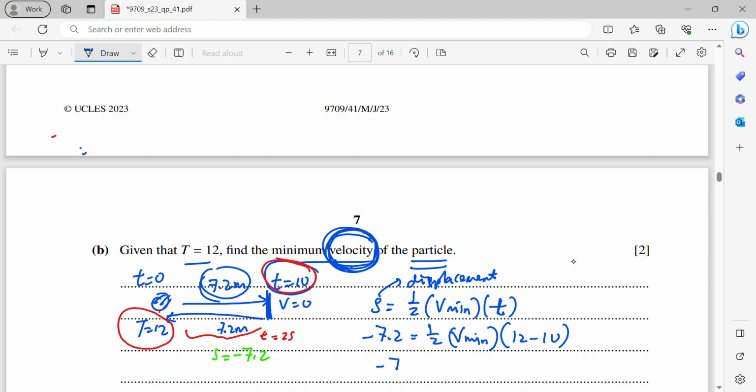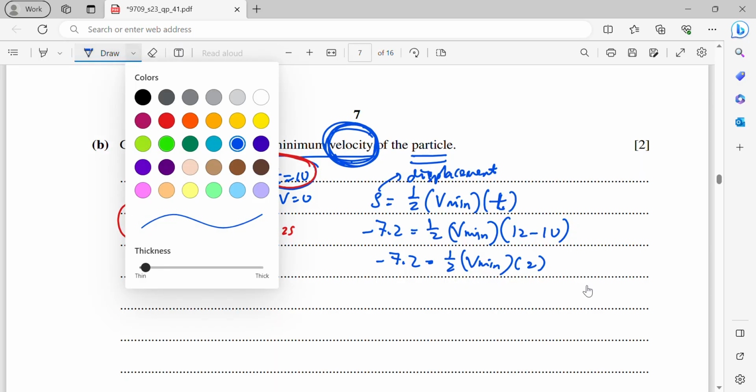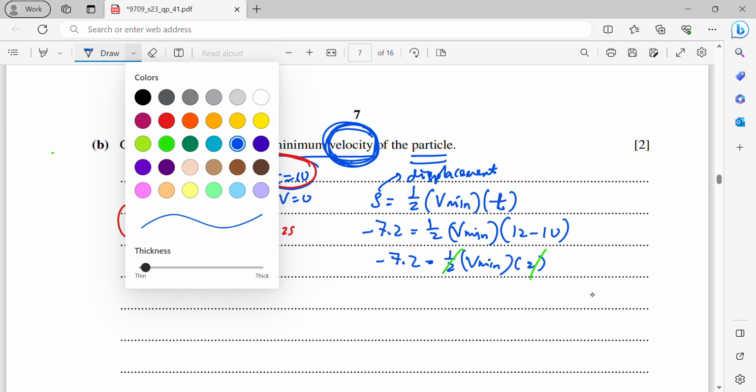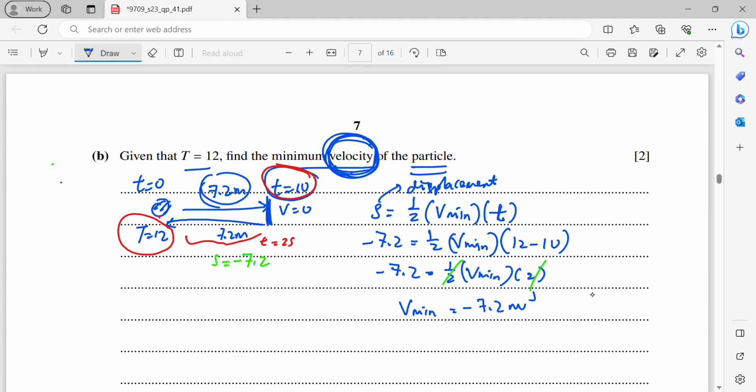So negative 7.2 equals half of v minimum times 2. The 2 and the half can be cancelled off. That means your minimum velocity is negative 7.2 meters per second.